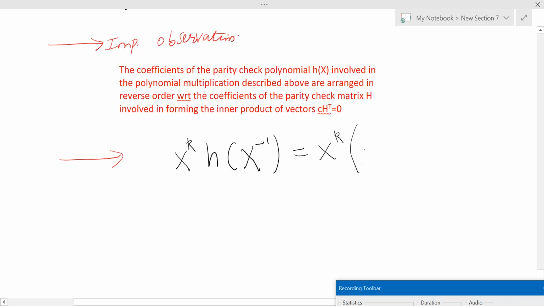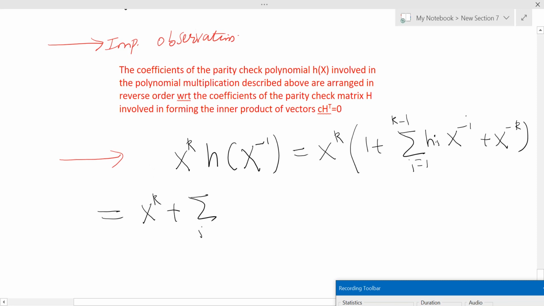x to the power k, then this is 1 plus summation i equal to 1 to k minus 1 h i, and then there will be x to the power minus i plus x to the power minus k. Right, now you multiply x to the power k, you will get first term as x to the power k plus summation h i x to the power k minus i, plus 1.